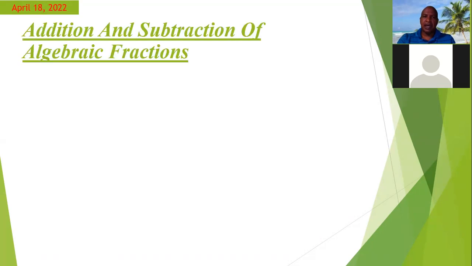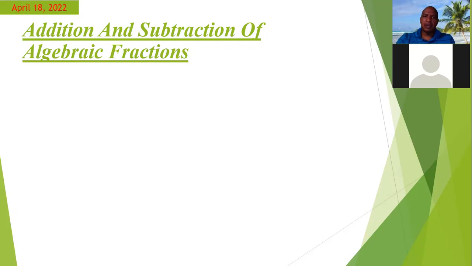All right, so with that said, we are going to jump this evening into addition of algebraic fractions. And so the general rule still applies, the same rule that you are familiar with when you're doing numeric fractions.